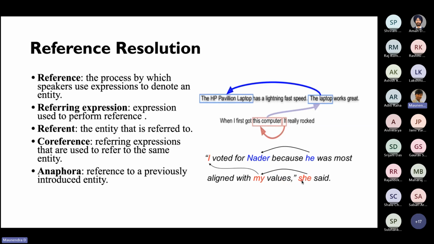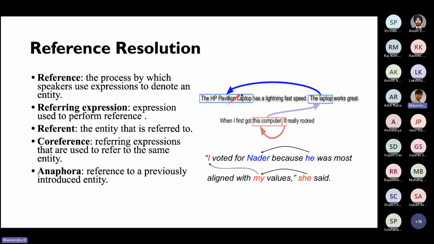One chain will be he and Nader, and the other chain will be she, my, and I. So these are typically the two most common co-reference resolution tasks, and there are quite a few other related tasks that we will see after some time.